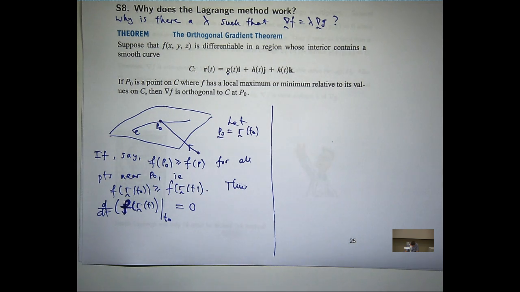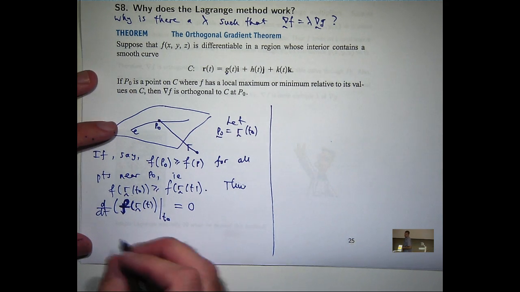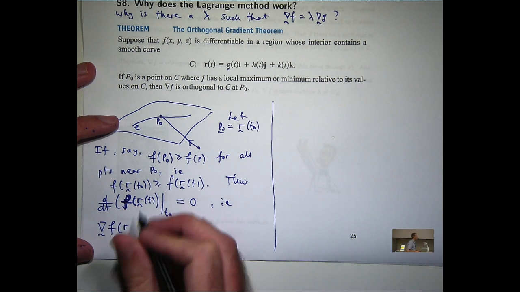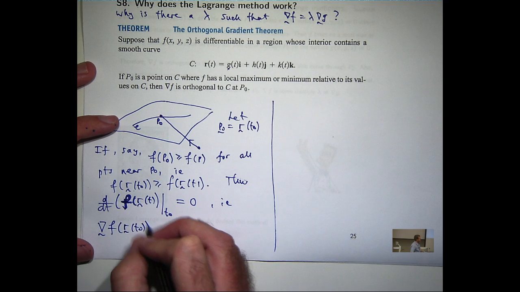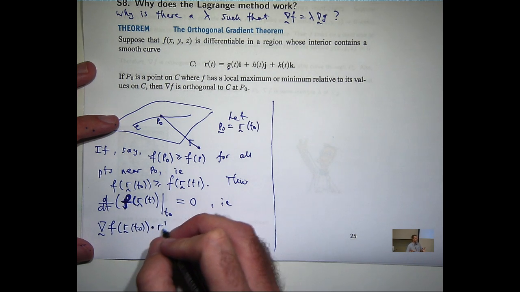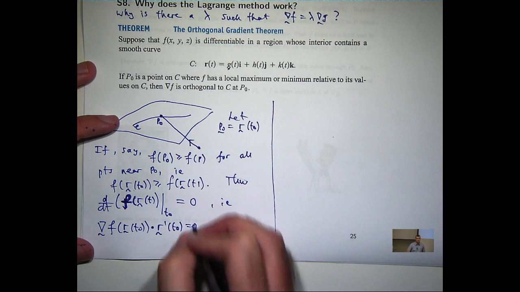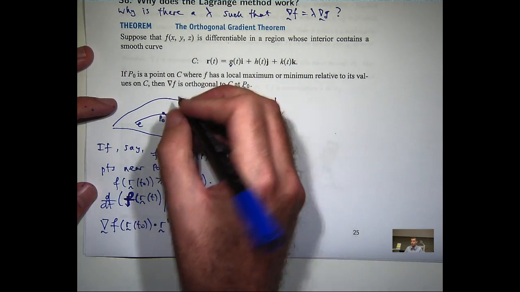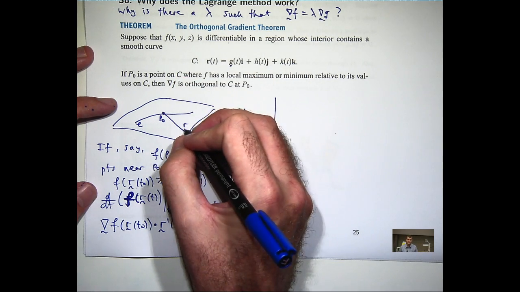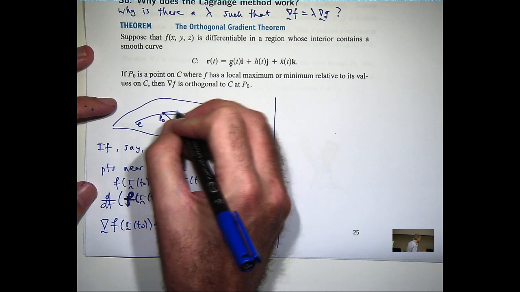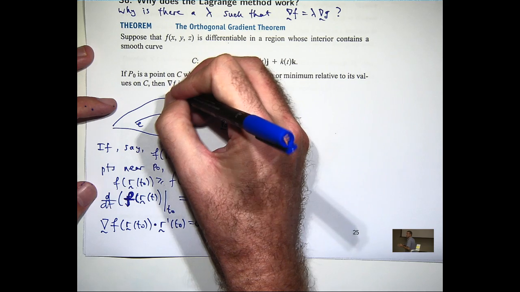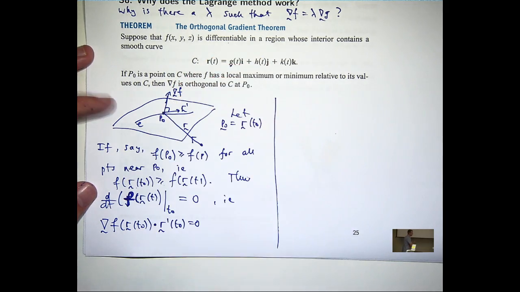Now, on the left-hand side, what can I use? I can use the chain rule and get the following. So what does this bottom line say? It says that if this is, say, r and this is the tangent vector, I've got a right angle.